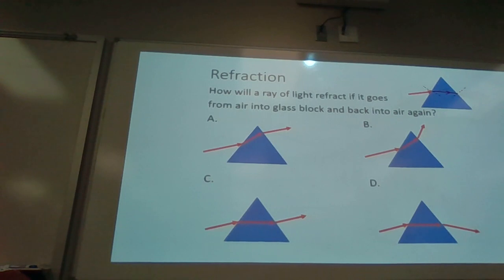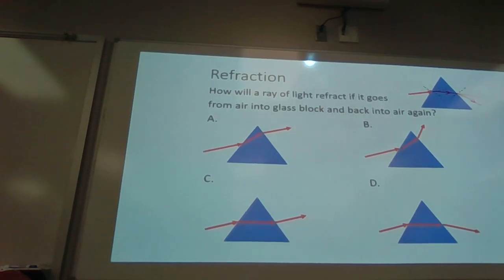So here is no refraction. It's bending away from the normal line. Correct answer is D. Okay, dangerous dinosaurs. Good with that?